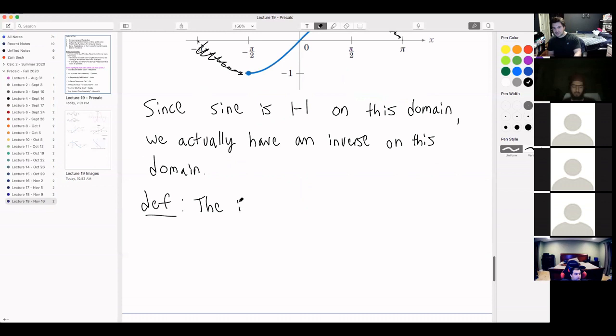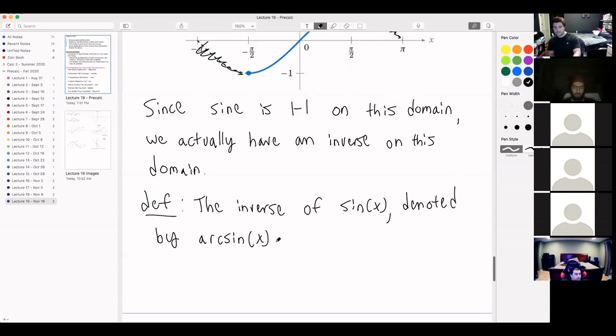The inverse of sine of x, how do we notate this thing? Denoted by arc sine of x. That's the name that we give it.